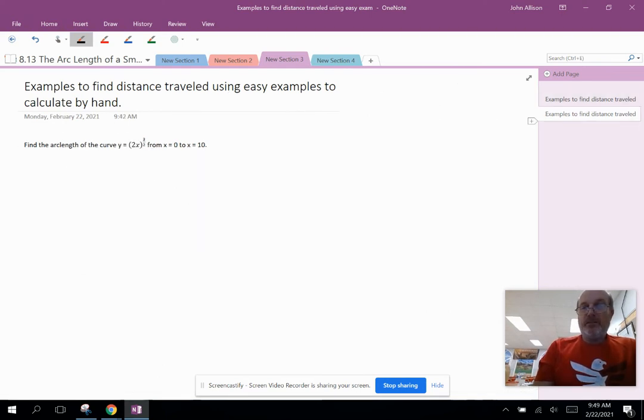Let's do another example. This time, we've got a separate curve, y equals 2x to the 3 halves power, from x equals 0 to x equals 10. So again, remember the arc length is the integral from, in this case, 0 to 10 of the square root of 1 plus (dy dx) all squared under the square root, then times dx on the outside.